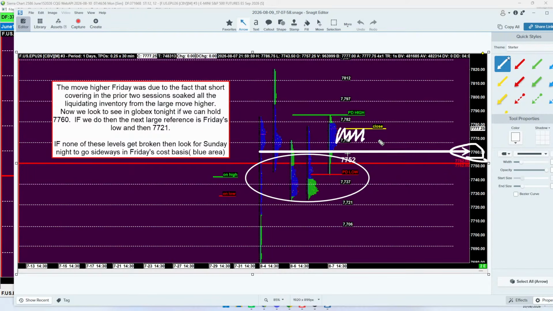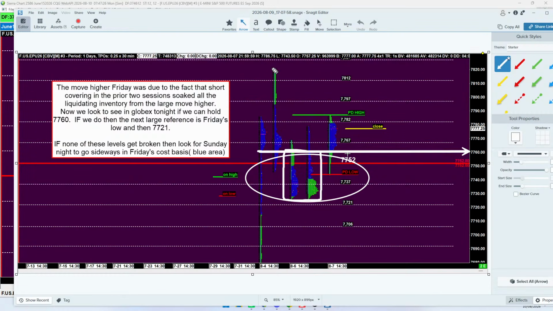The reason I knew that this was going to happen was this is the inventory underneath. There is a short position right underneath 77.60. Some of that got filled in the last prior sessions, in RTH and Globex.